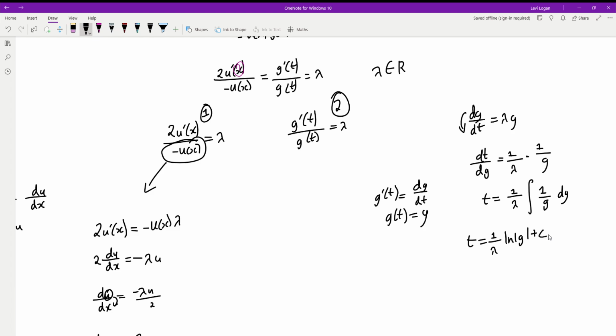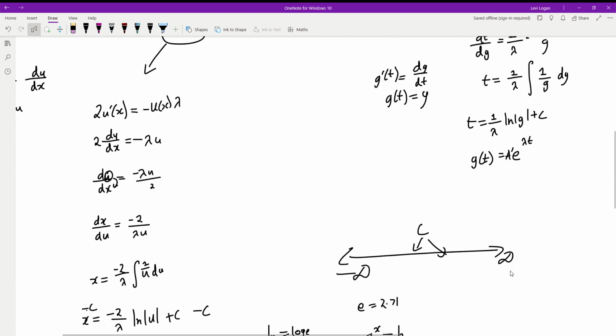Now, I'm going to rearrange this without explaining myself because I explained myself down there with the function of x. So this whole thing is going to be g of t is equal to a prime e to the lambda t. So what does this mean?